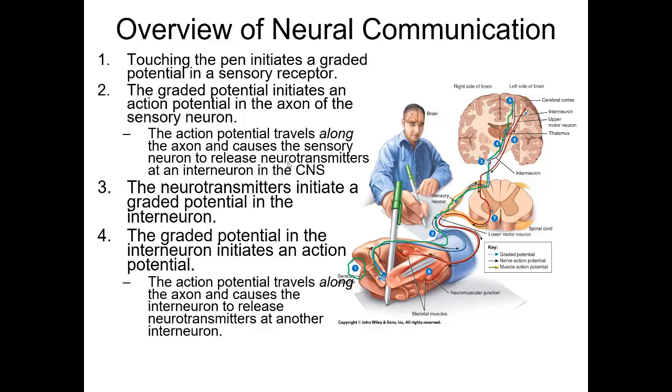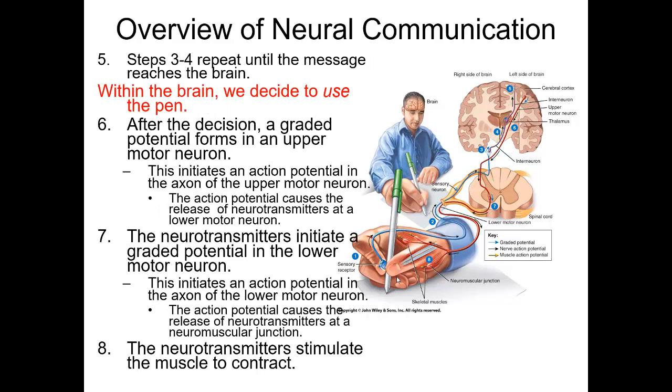The neurotransmitters in the interneuron have decided that an action potential is going to be initiated, and the red neuron here is going to be a motor neuron. So a motor neuron is sending an efferent signal down to your effector organ, which is going to be the muscles in your finger, and you are going to be able to move the muscles in your finger, enabling you to write.